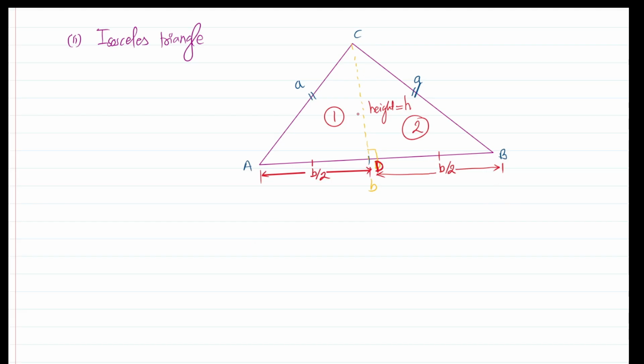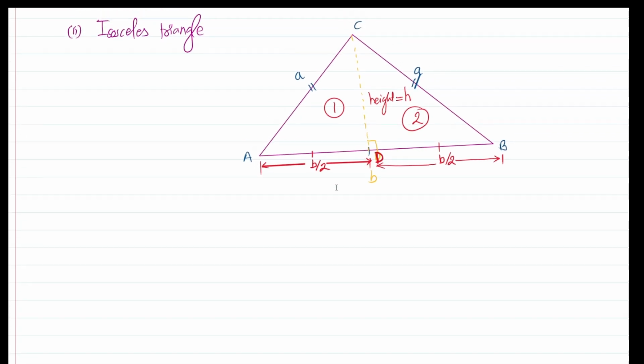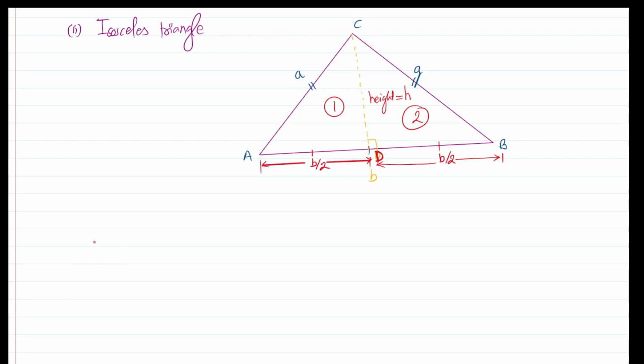In these two right angle triangles, we have base B by 2, and now we have to calculate the height. Being right angle triangles, we can use the Pythagoras theorem.